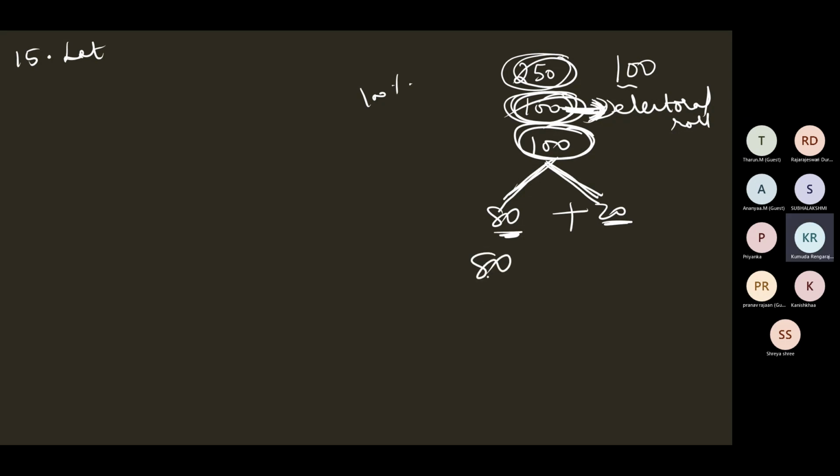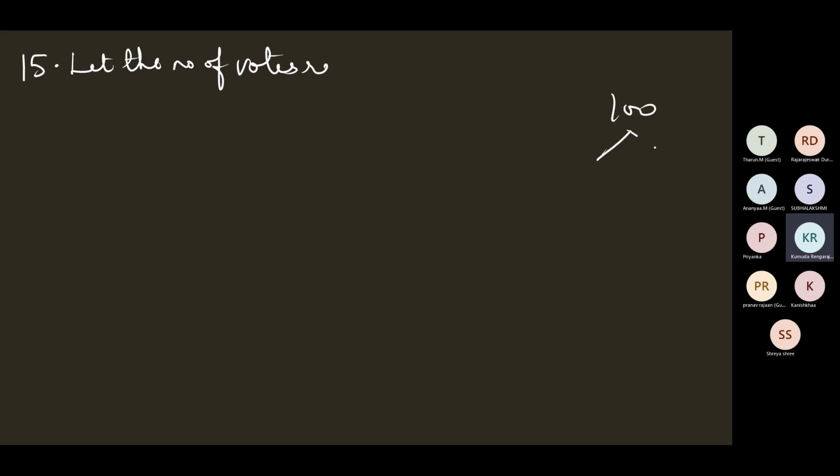People who have cast their votes plus the people who have not cast their votes is the total number of people in the electoral roll. So let the number of votes received... in this example, 80 and 20, if there are two contestants A and B, maybe A has got 60 votes and B has got 20 votes. 60 plus 20 is 80 because only 80 votes are cast, 20 votes not cast.